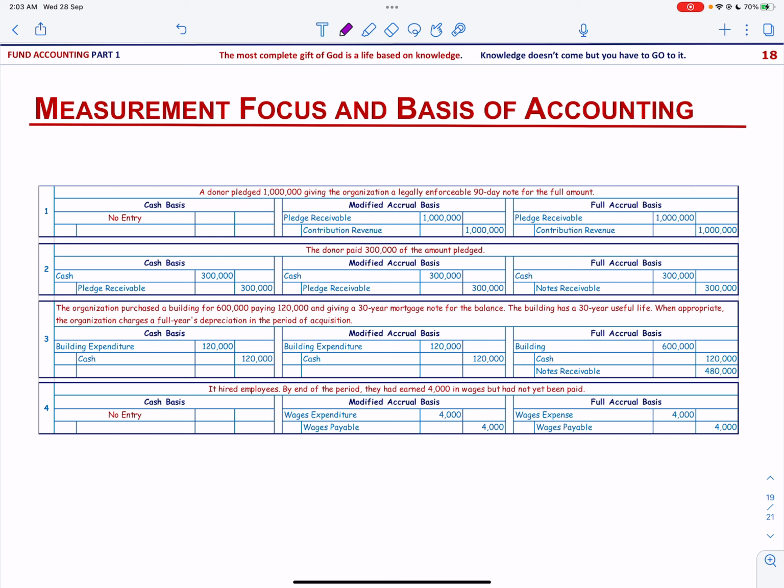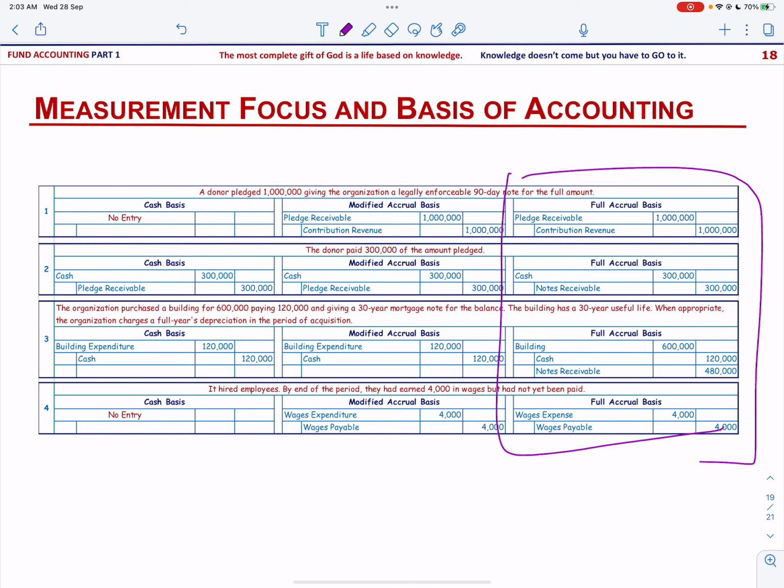In the previous slide, we have seen that the transactions affect fund statements differently than they do government-wide financial statements. Now we are going to record the transactions in fund statements, and we will also record the same transactions in the government-wide financial statements. When we record in government-wide financial statements, we use the full accrual basis, and when we record in the governmental funds, we use the modified accrual basis.